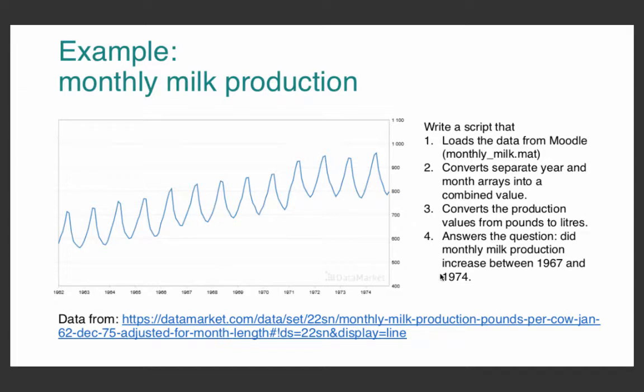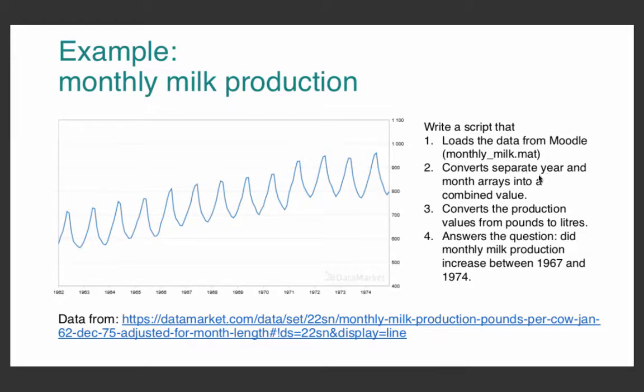The milk production is the number of pounds per cow. So it's not the total milk production, but the amount of milk per cow. So we know what sort of data is inside here.